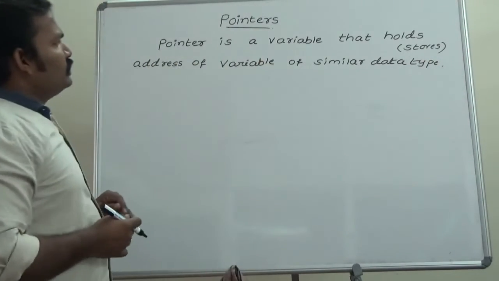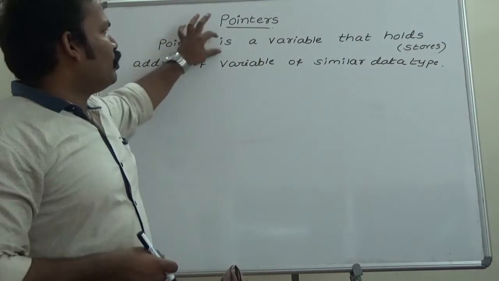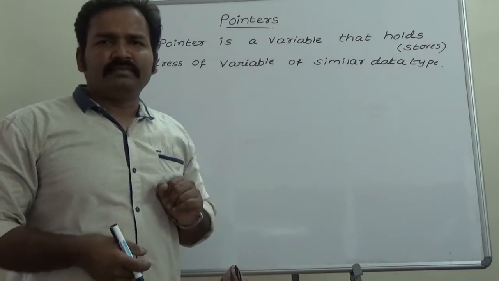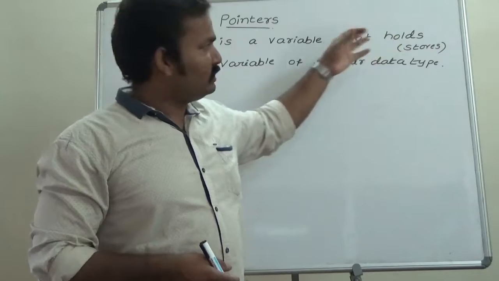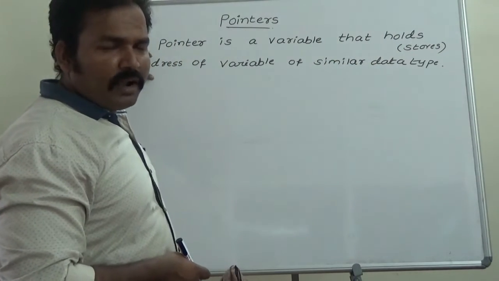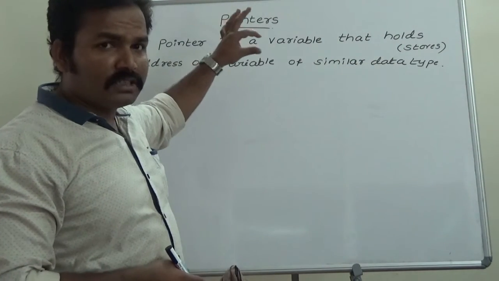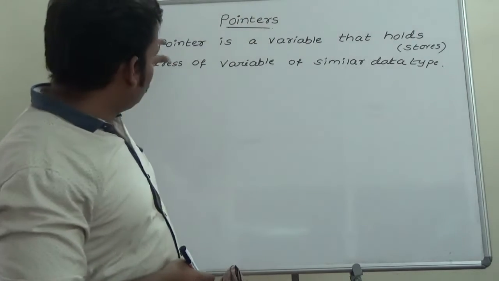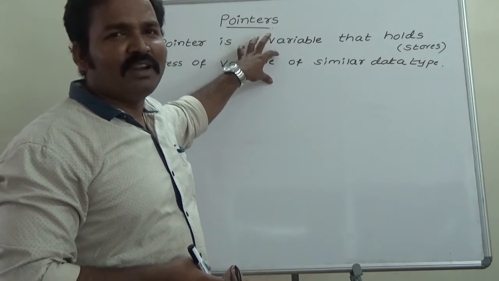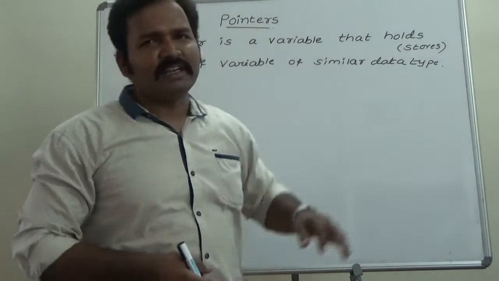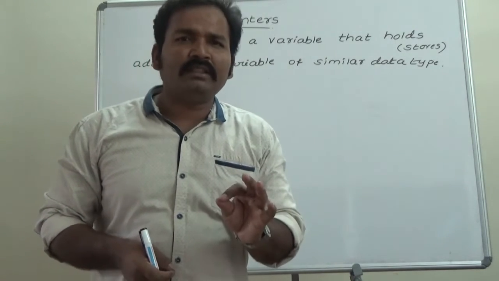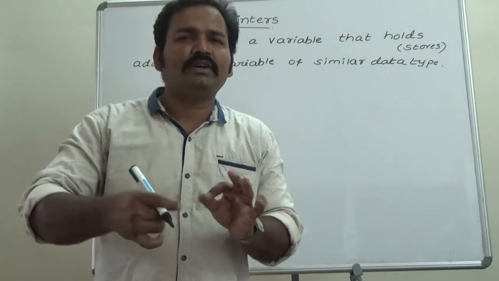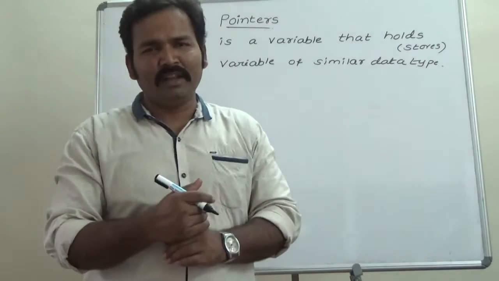So, clear, what is a pointer? Pointer is a variable that holds address. Pointer variable holds or stores the address of a variable of similar data type. In simple terms, a pointer is a variable that holds the address of another variable.